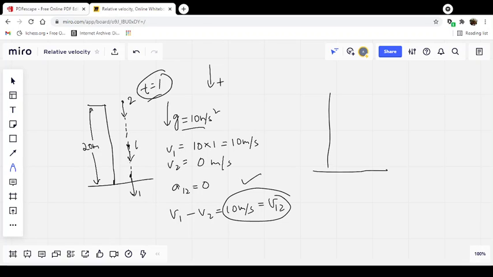So just after the first ball had struck the ground, the velocity of the first ball would change to 10 meters per second in the opposite direction.